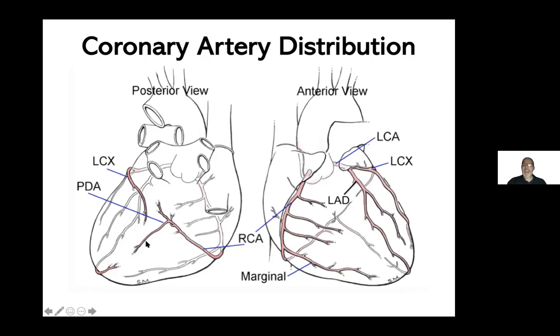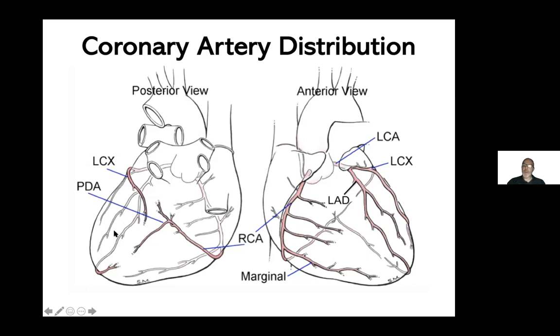In about 85 to 90% of us, we are referred to as right side dominant, which simply means that the posterior descending artery is a branch of the right coronary artery. The other 10 to 15% are left side dominant, which would mean that the posterior descending artery is actually a branch of the left circumflex.